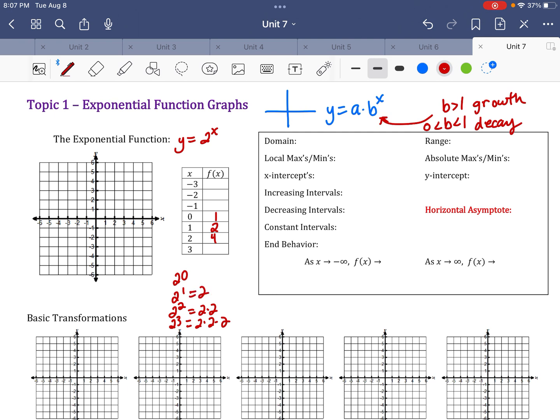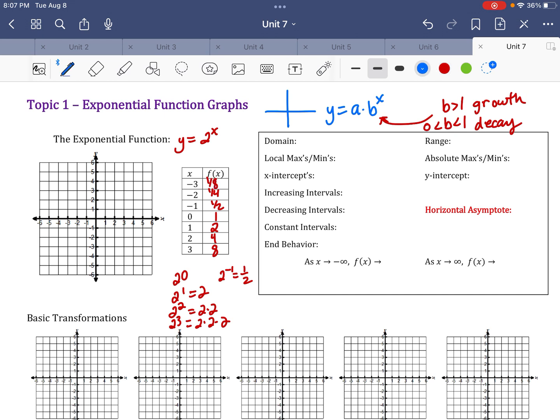So what we can see happening here is everything's multiplying by 2. Everything's doubling, so everything's growing. That's why it's called a growth. If I put a negative 1, 2 to the negative 1 means it's 1 over 2. Negative 2 would be 1 over 4. And 2 to the negative 3 would be 1 over 2 to the third, which is 1/8.